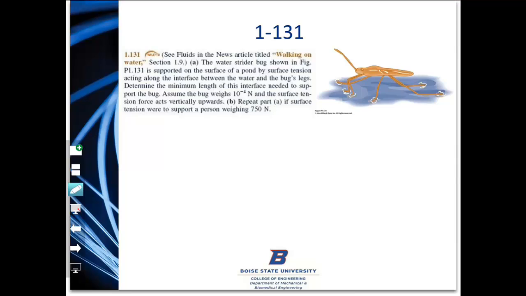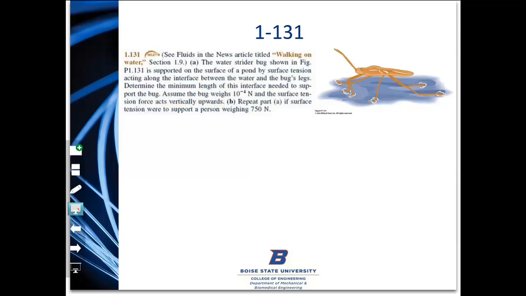Okay, let's look at one last problem in this chapter, which will talk about surface tension. What we have here is a water strider bug supported on the surface of a pond by surface tension acting along an interface between the water and the bug's legs, as shown here. You're asked to determine the minimum length of this interface needed to support the bug.